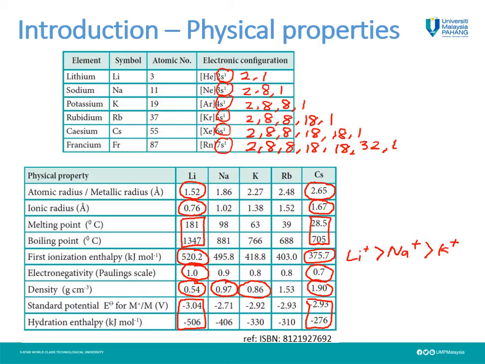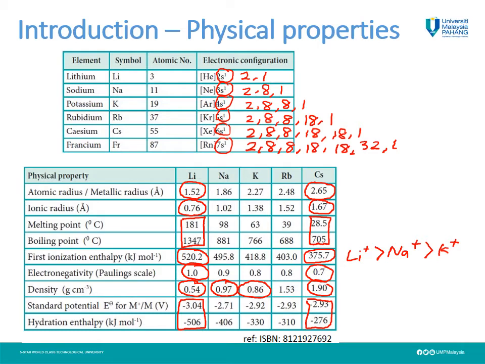The one electron at the outer side is less attracted by the nucleus, so that electron is easier to eliminate, making the melting point and boiling point decrease.